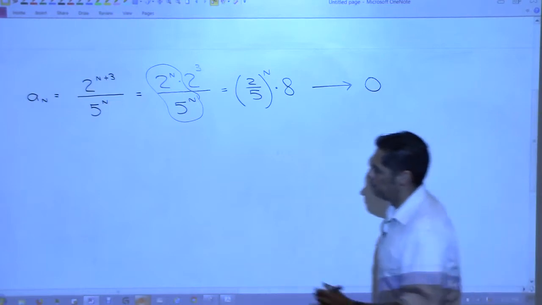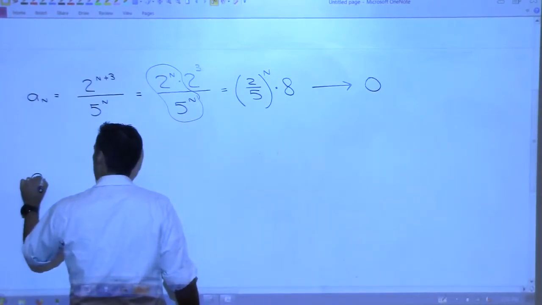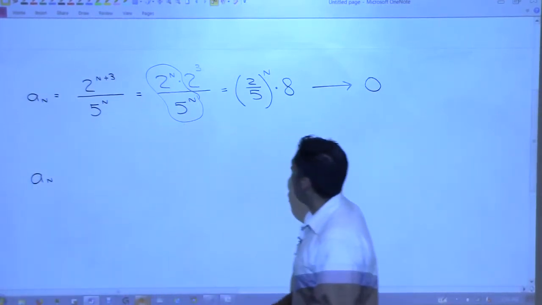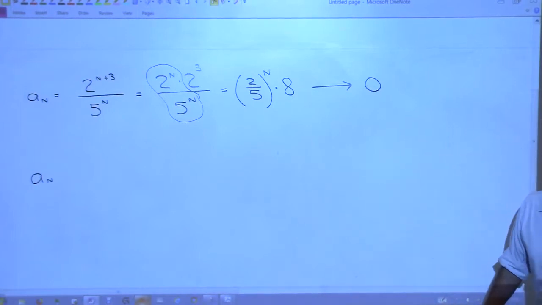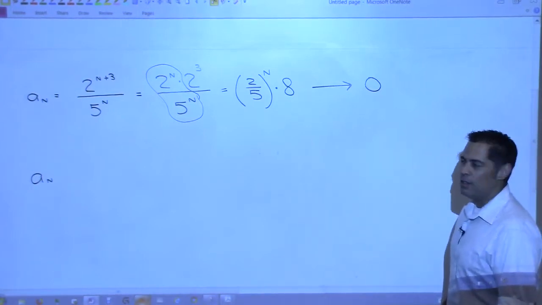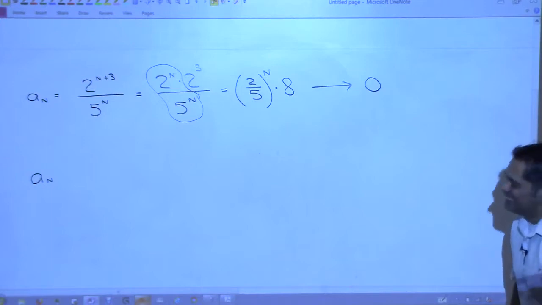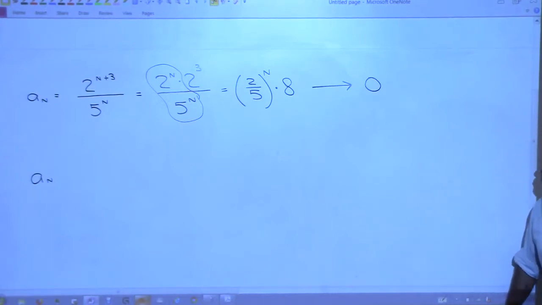How about this one? Will it always go to 0, sir? What do you mean, will it always go to 0? I'm assuming you mean after n goes to infinity, right?